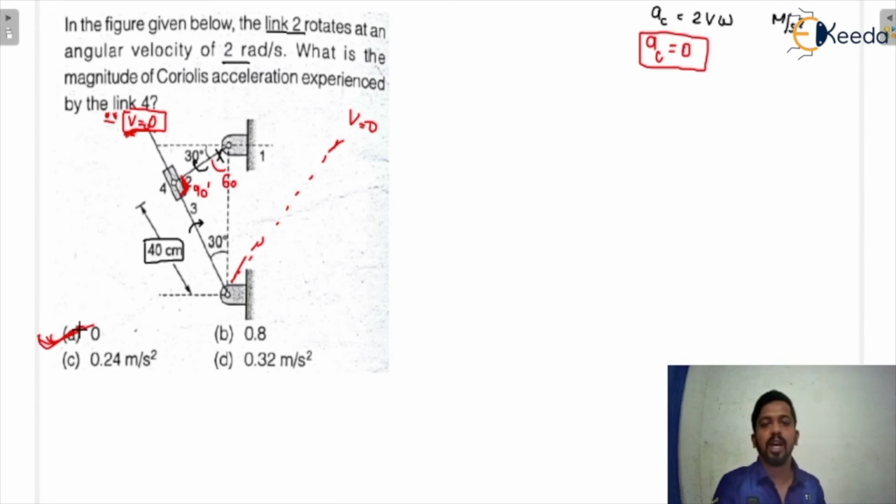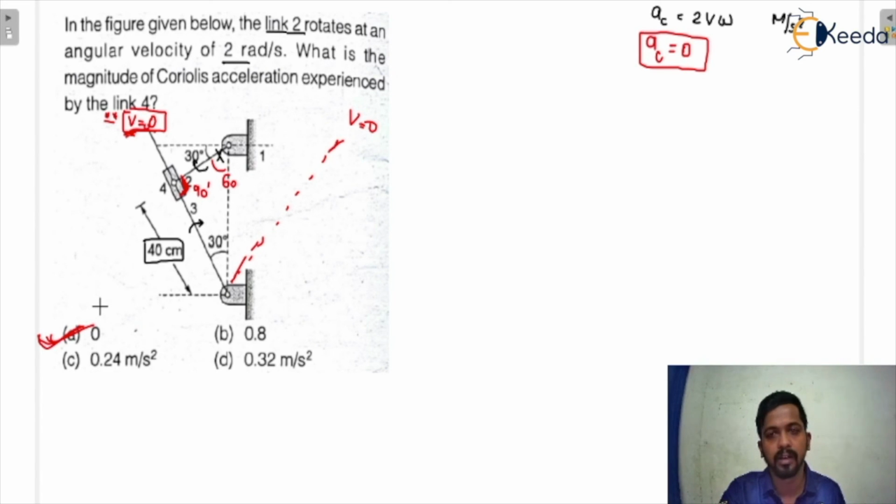I hope you understand. First, you have to know what the single slider crank mechanism is. I already told you about the single slider crank mechanisms in the first chapter. Now in the question, the Coriolis acceleration is attached to the single slider crank mechanism. You have to know the mechanism of the single slider crank, then you are able to understand and give the answer.